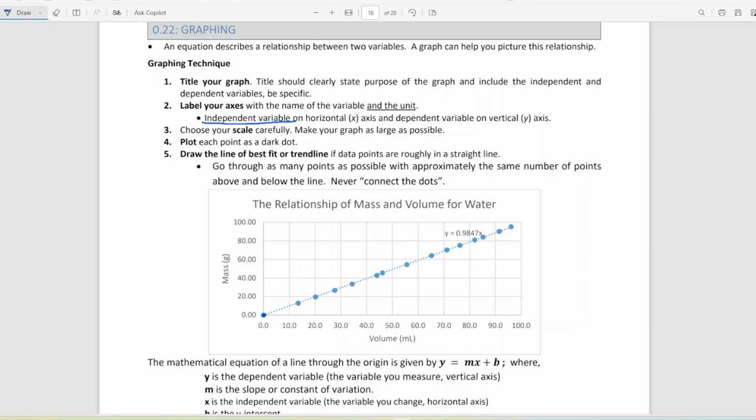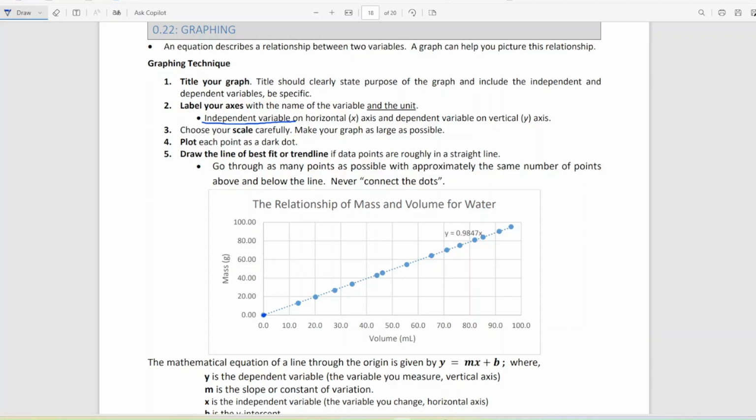But the data is following a line versus a curve, versus some other shape. If your graph is following that trend, then you can draw a line of best fit, which is a line that passes through as many points as you can and keeps the rest of the points sort of equidistant. So it's just kind of picking the middle, and your computer will call it a trend line.